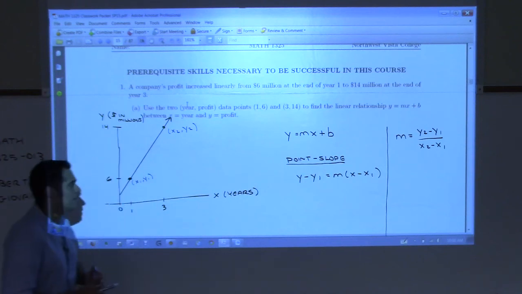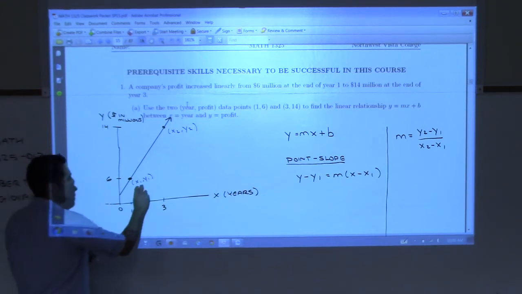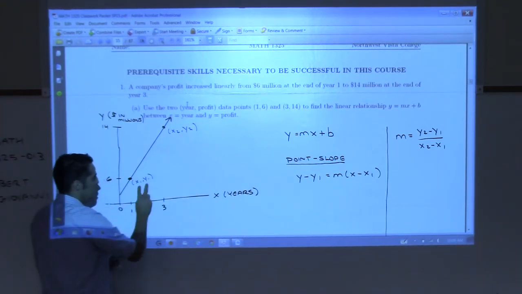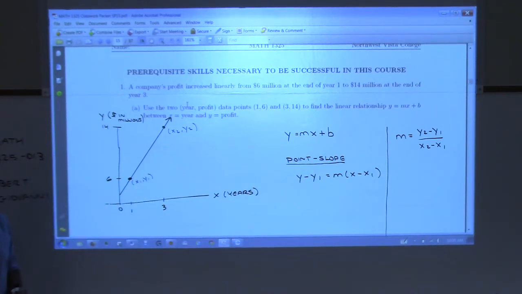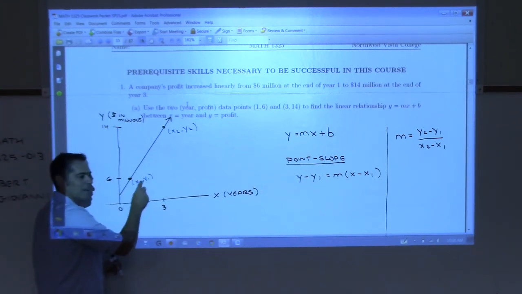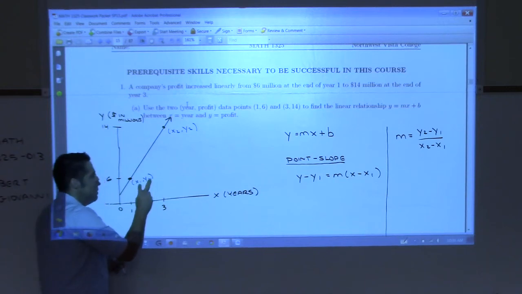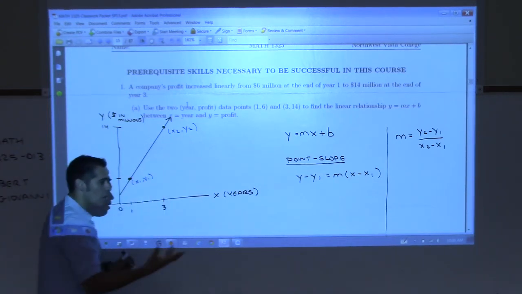Would it be okay if some other student wanted to rebel and didn't want to follow the herd and be different, did x1, y1, and then x2, y2, would that be okay? Would that student be safe? Yes, it's okay. You can label the points however you want. Well, not however. It has to be x1, y1, can't be x1, y2. But you can choose this one to be x1, y1, that one to be x2, y2, or vice versa. We will all get the same result.